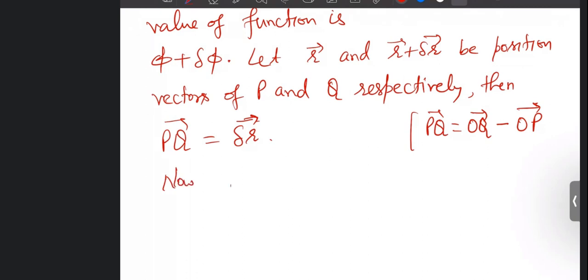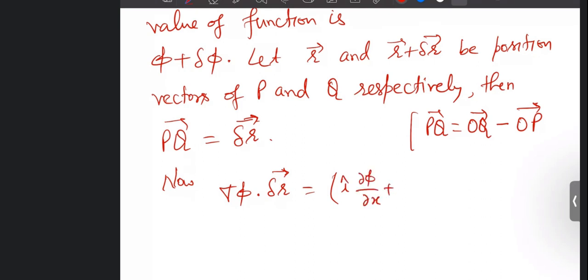Now, what would be del phi, that is the gradient of phi, dot delta r, because both are vector quantities? Del phi is a vector quantity, and delta r is also a vector quantity. So the product between those two is either a dot product or a cross product. We consider the dot product here.